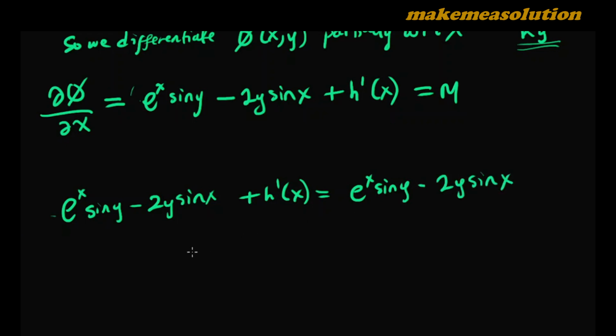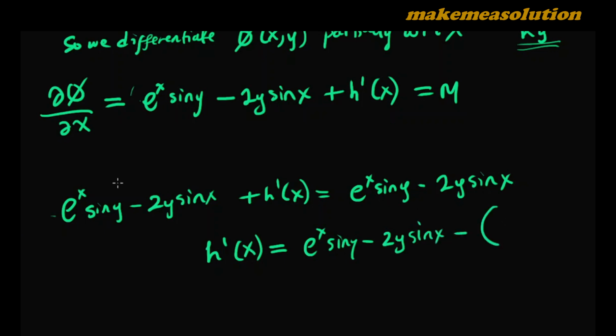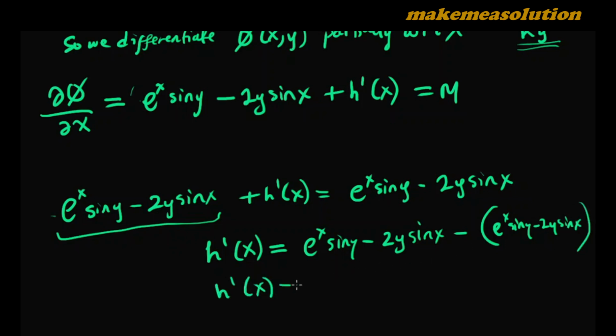Now watch what happens if you solve for h prime of x, making it the subject of the formula. You have exponential x sin y minus 2y sin x minus the whole of this thing over here, exponential x sin y minus 2y sin x, and you discover that h prime of x will be 0.